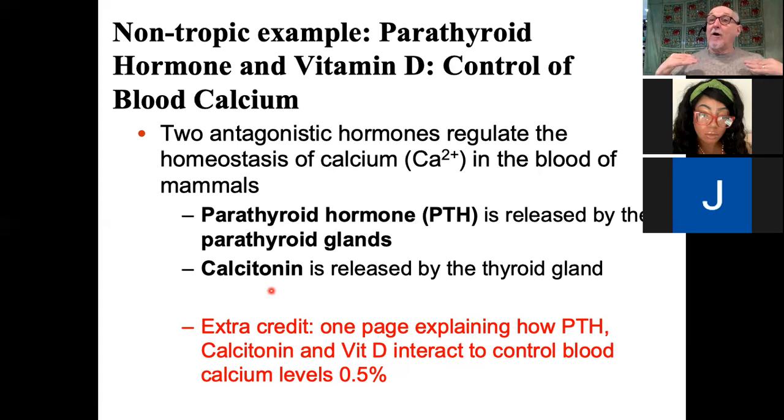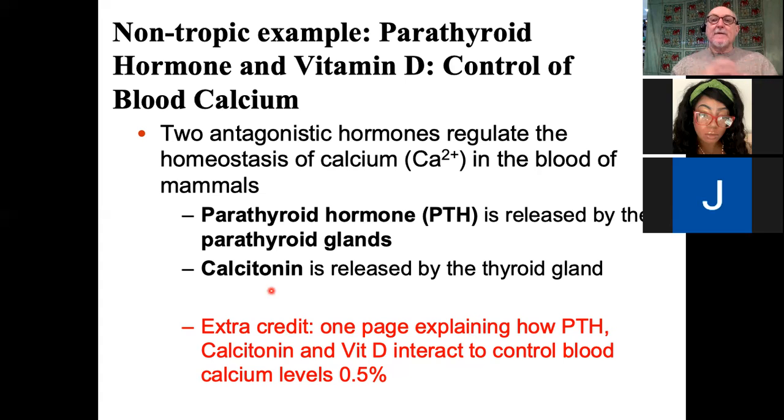So regulation of the amount of calcium in circulation in the body is a critical function. And that homeostasis is maintained by two antagonistic systems. One from the parathyroid, which releases its own hormone called parathyroid hormone, and then another hormone released by the thyroid gland, and this is called calcitonin.